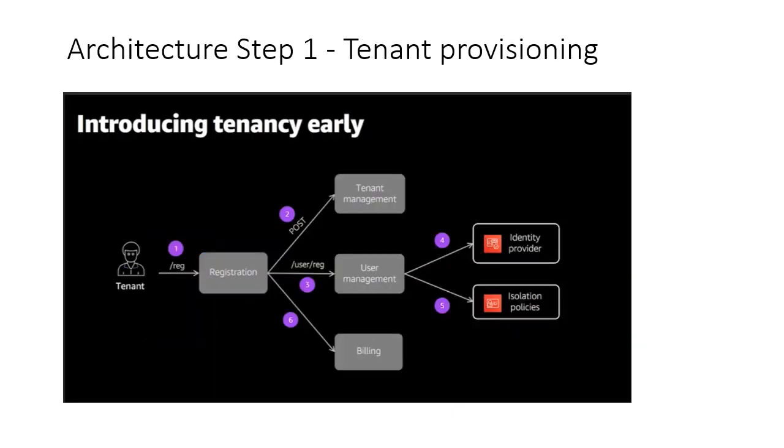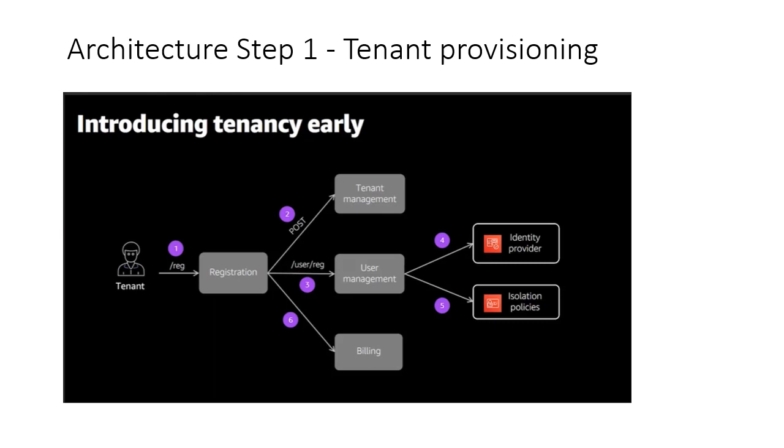So how do we move from a siloed model to the modern architecture of a web application? One of the big things in this particular case, with the multi-tenancy being so important, is to introduce tenancy early. We have already done some of that, but we haven't got all the way yet.